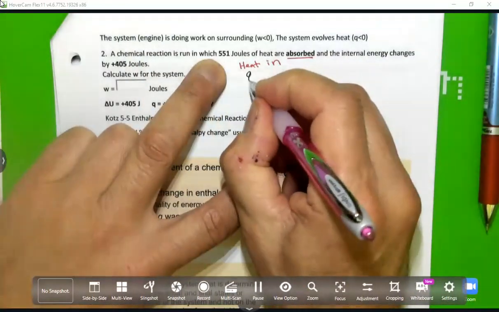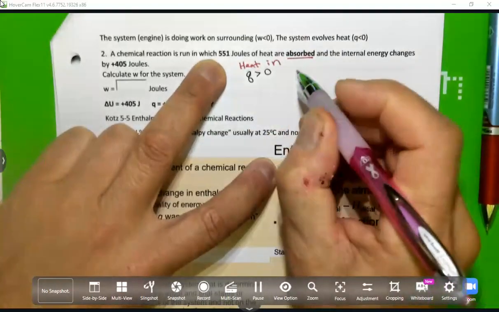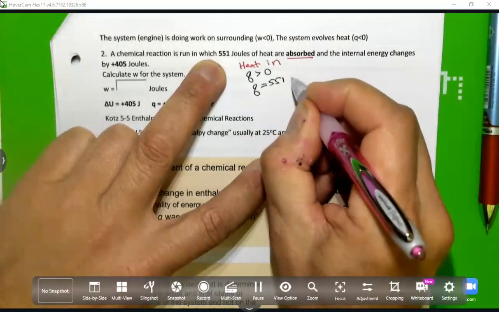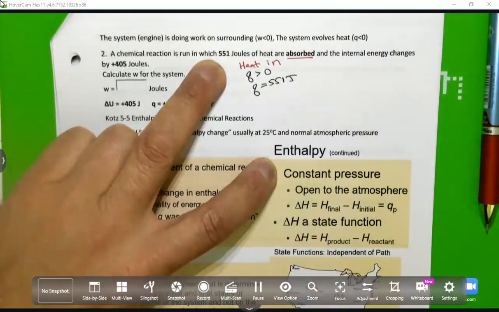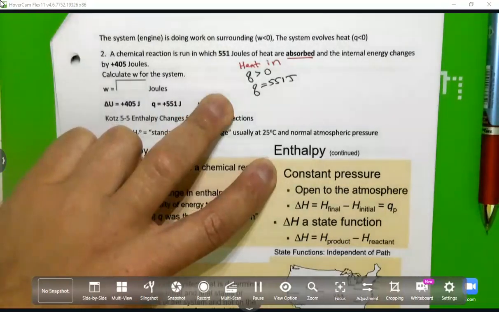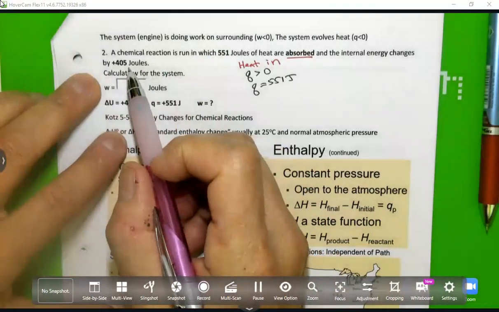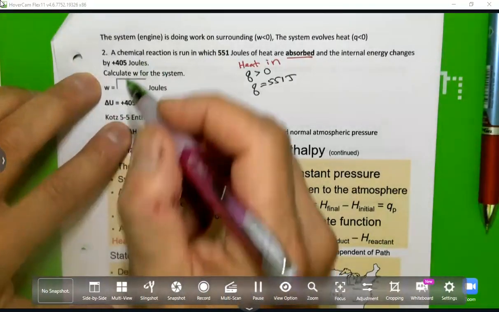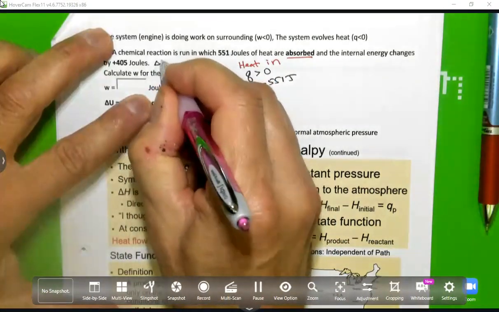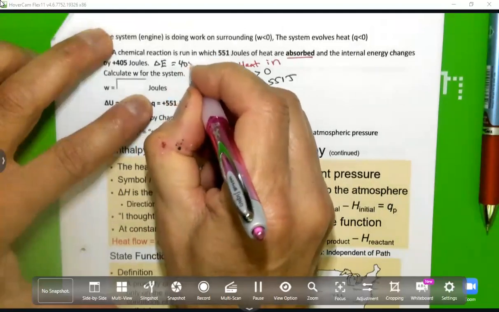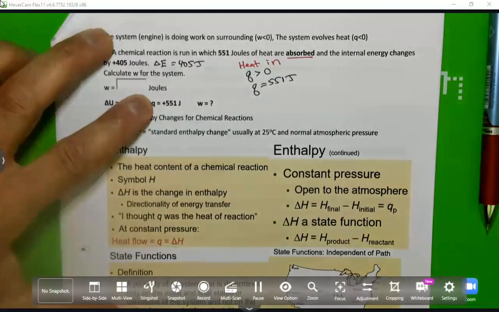Therefore, Q is greater than 0. My Q is 551 joules. The internal energy change is 405 joules. This is my change in energy is 405 joules.